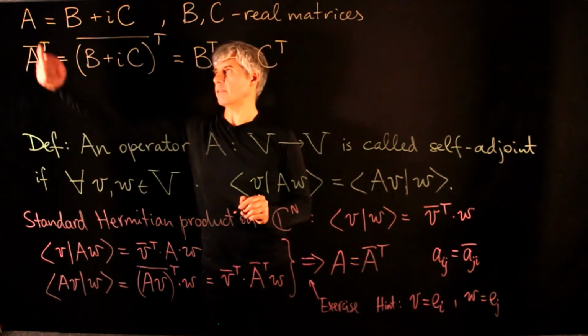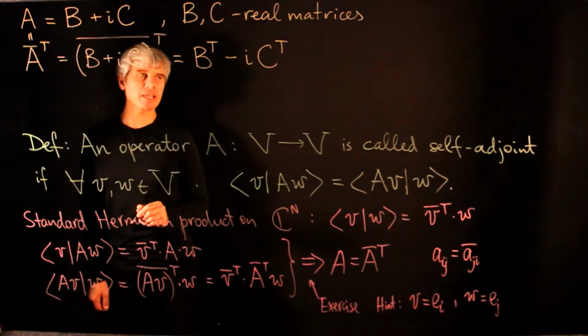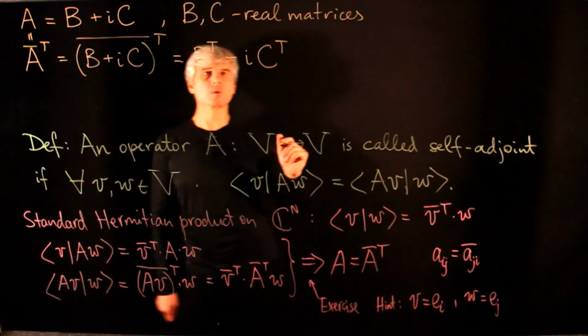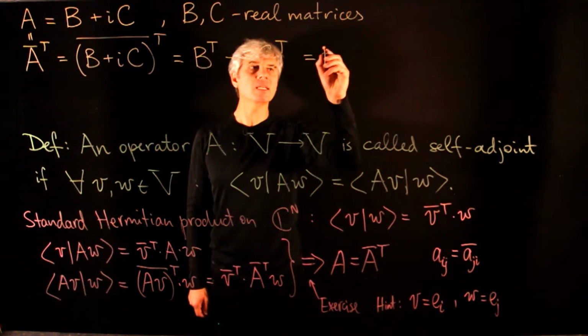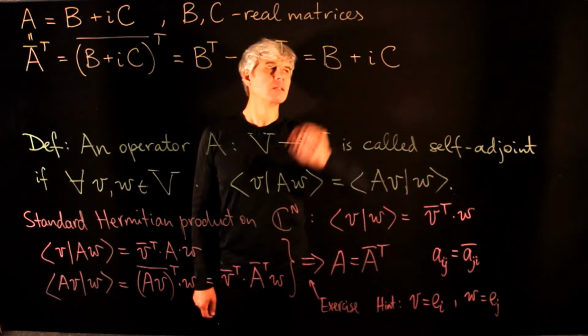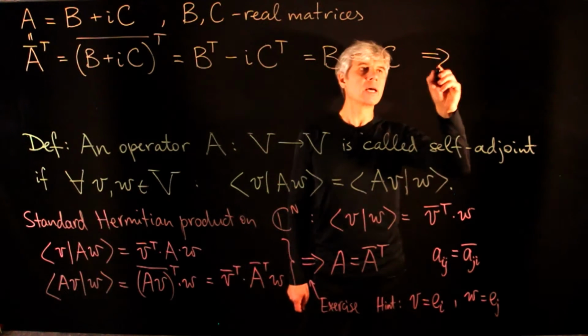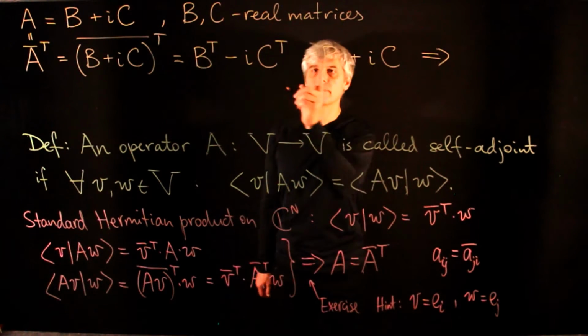And for self-adjoint matrices, we must have equality. So this means that this must be equal to B plus iC. Now we can compare real parts and imaginary parts.